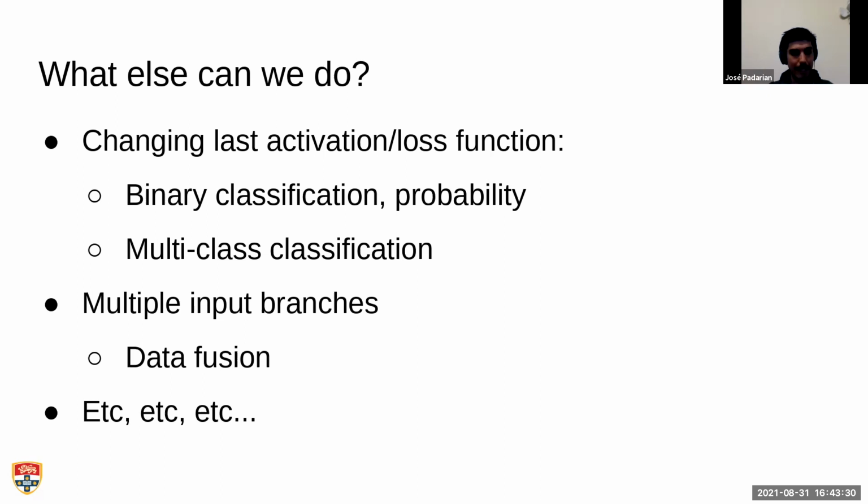We can combine convolutional neural networks to analyze an image and a recurrent neural network to analyze the time series, and put that in a single model. And obviously, changing all these different blocks, we can do many, many other things.